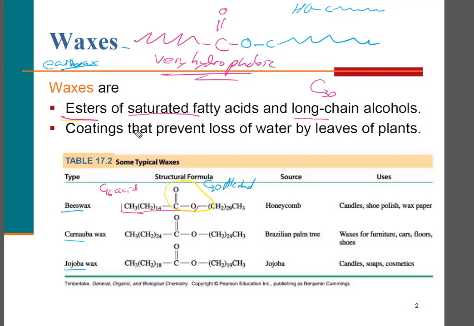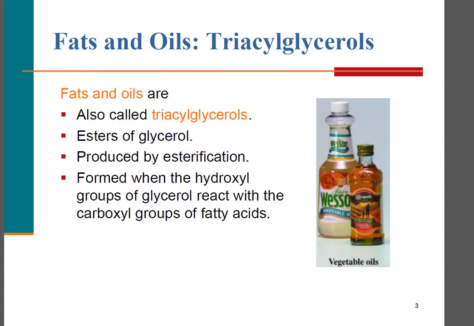And primarily, if you look at their uses in nature, well, except for beeswax, where they're actually used to make the structural component for the honeycomb, leaves have a waxy coating. Your earwax also performs a protective role. So actually, I'll put it up here, performs a protective role.